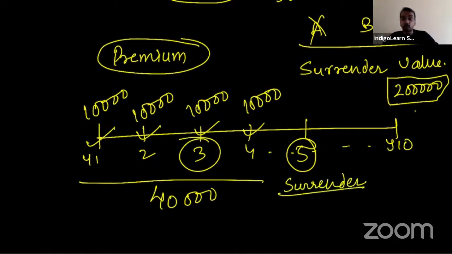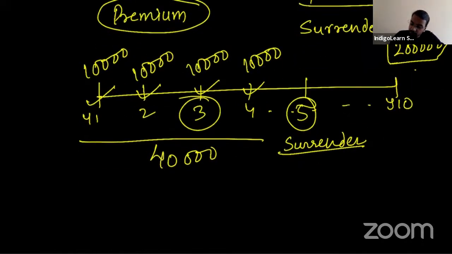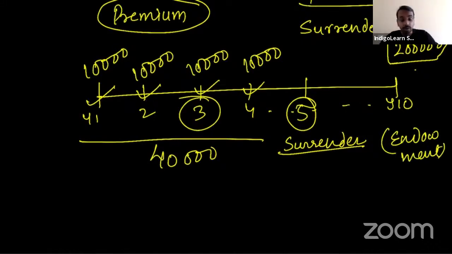Surrender means what? In the 5th year, I told the insurance company, I don't want your policy. Take your policy back. Give me whatever I am entitled to. I'll happily take that money and I'll be done with this. I don't want to continue with this policy. Now, also remember, this kind of surrender happens only in case of an endowment policy. It doesn't happen in case of a term insurance, right?